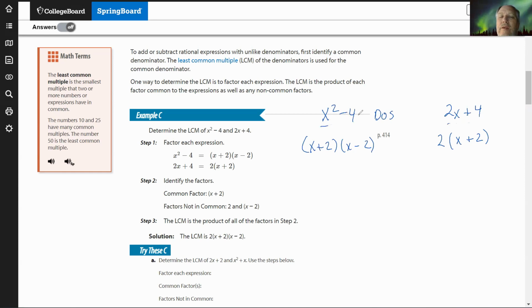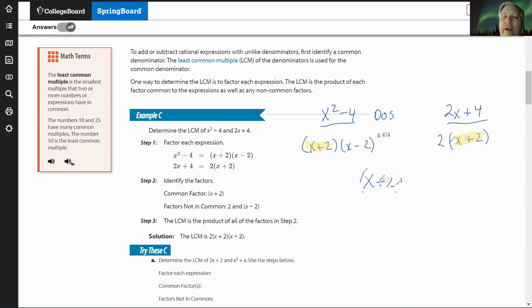So now I have the factors of each of the two polynomials we started off with. Then I look and ask, what do these factors have in common? They both have this x plus 2. Knowing that they both have that x plus 2, I'm going to write x plus 2 down, and I'm only going to write it down once, even though each one has one.